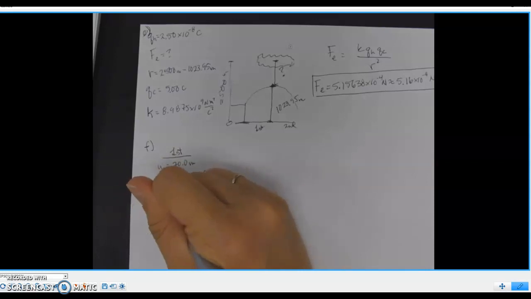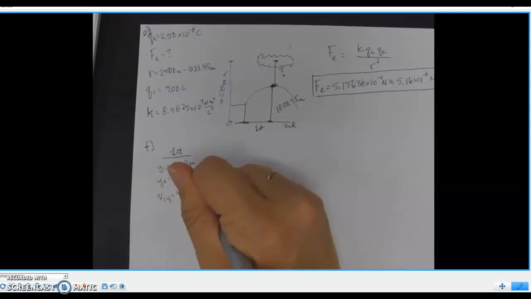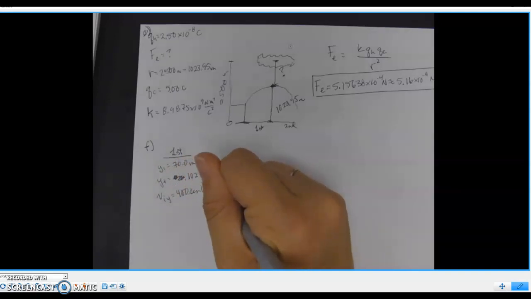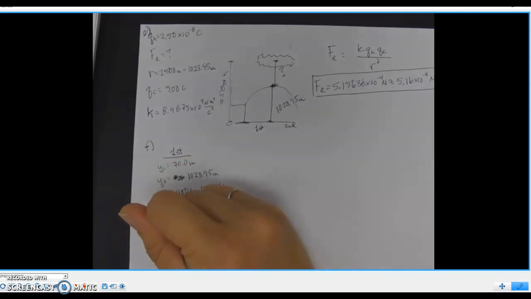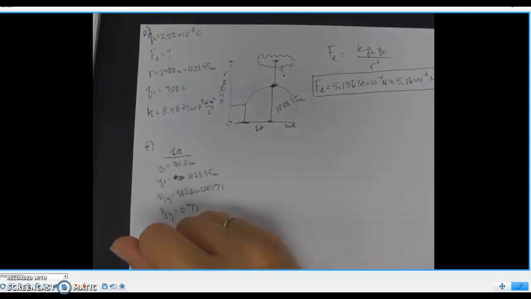Velocity initial in the y is the 400 sine 20 meters per second. Velocity final is equal to 0. Acceleration is due to gravity, negative 9.81. And then we are solving for that time of part 1. That's what we want to know.